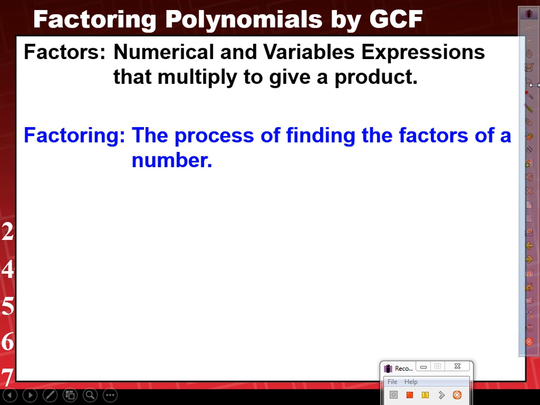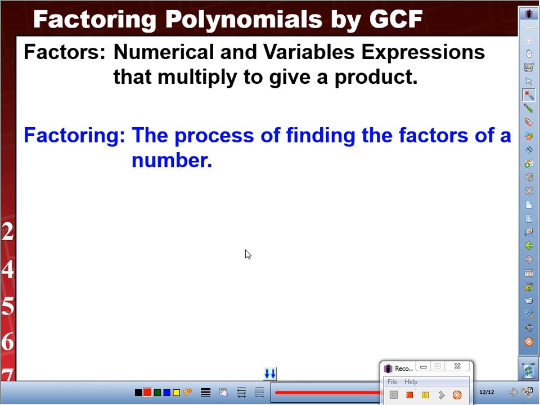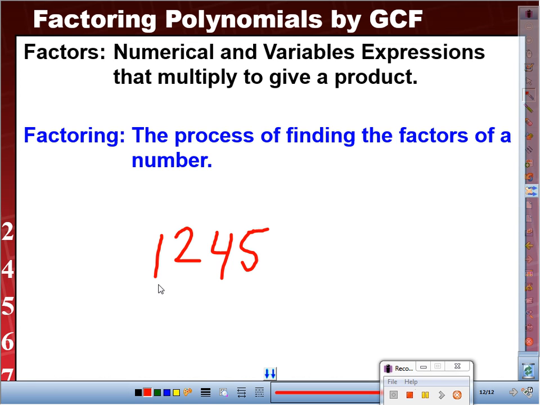Let me ask you this. If I was to give you the number 1,245, Isaac, what are the factors of 1,245? 2. It doesn't end in an even number. 5.